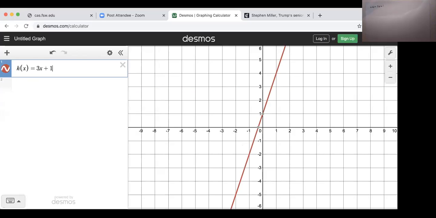Y-axis would be even, origin would be odd. Is the y-axis a mirror? No. If you fold it twice, does 1, 4 become negative 1, negative 4? No. So it is not symmetric with respect to the y-axis, which tells me it's not even. It is not symmetric with respect to the origin, so it's not odd.